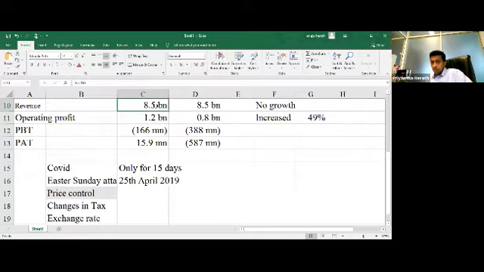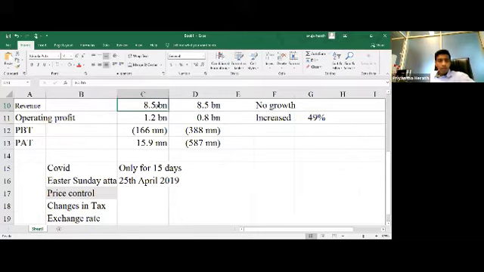We don't say this is impossible, but it is possible. But when you consider all these negative environment factors, they achieved increased profits while maintaining the same revenue.